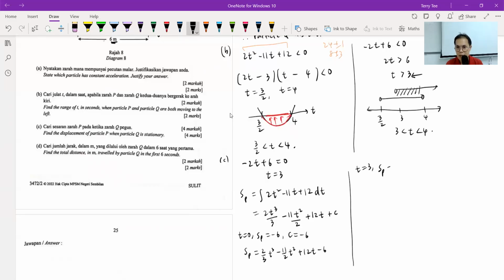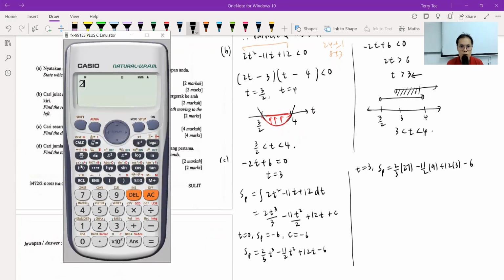My SP is 2 over 3, 3 cubed is 27, 3 squared is 9, 12 times 3 minus 6. Okay, let's use our calculator and add this up. This is 2 over 3 times 27 minus 11 over 2 times 9 plus 12 times 3 minus 6.